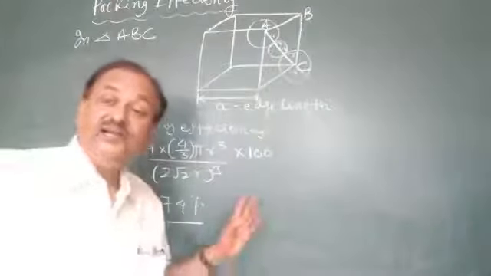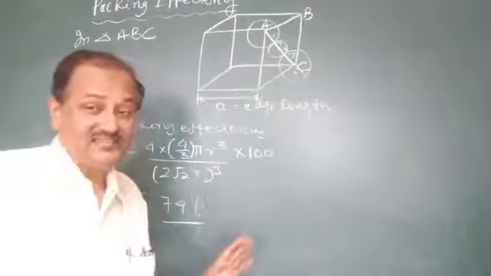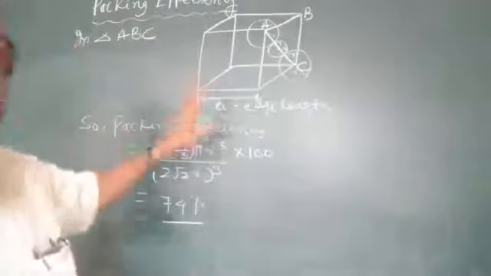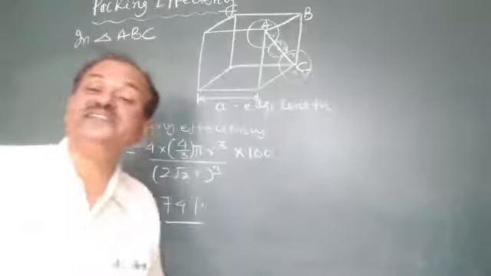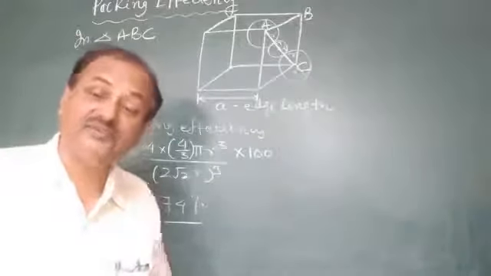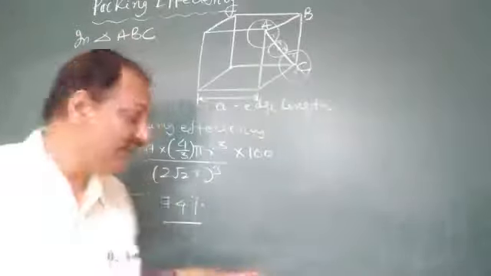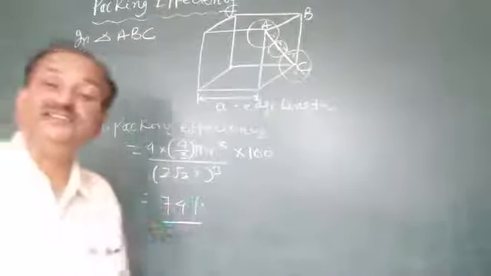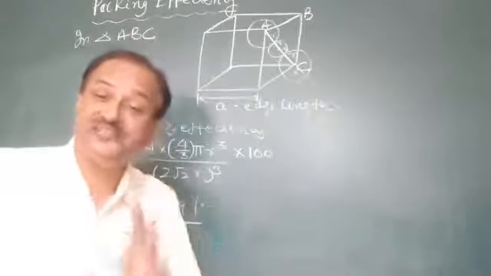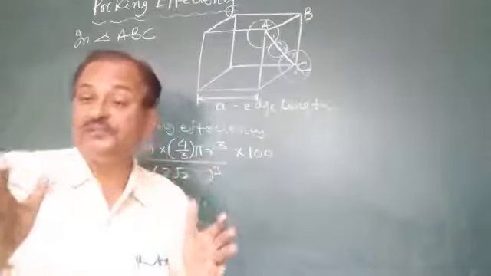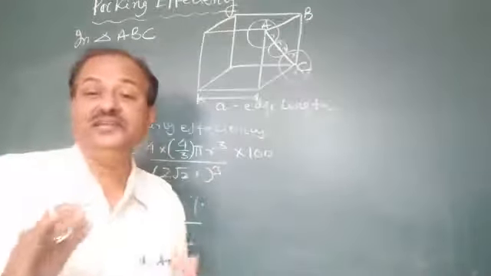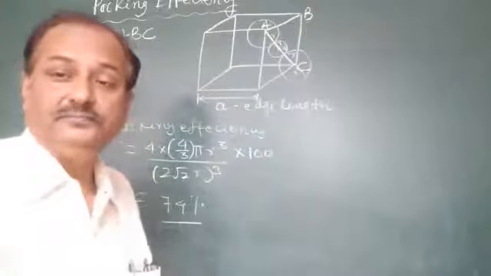So this is the efficiency. Meaning in case of FCC, in case of CCP, only 74% of the space is used. And so you can imagine how much is unoccupied. It is 26% of space that is left unoccupied, and so children, this is responsible for the dislocation of particles in any solid.